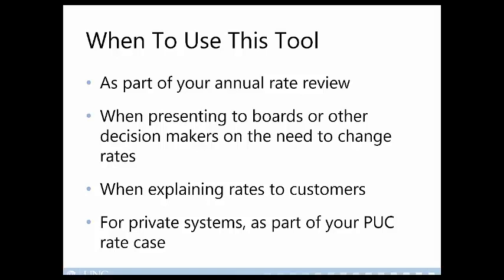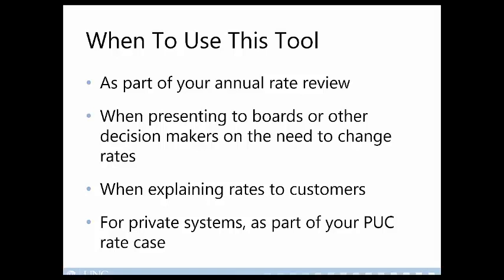And then finally, for private systems that have to go before the Utilities Commission and the Office of Consumer Advocate, again, this tool may be useful in those discussions. There's an ownership type in there, so if you're a privately owned system, you would be able to show how you compare to other privately owned systems that are also under Utility Commission purview.